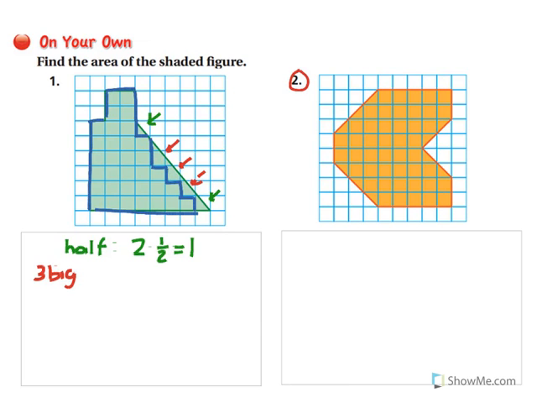Then I have partials. So like this one here, this one here, and this one here. Those I would refer to as little. They're not a half. One of them is getting close to a half, but maybe is a third.